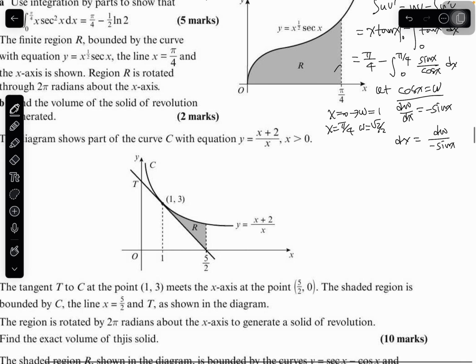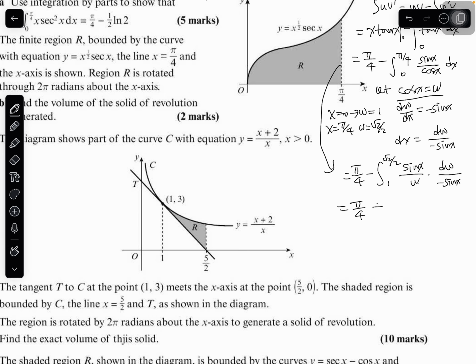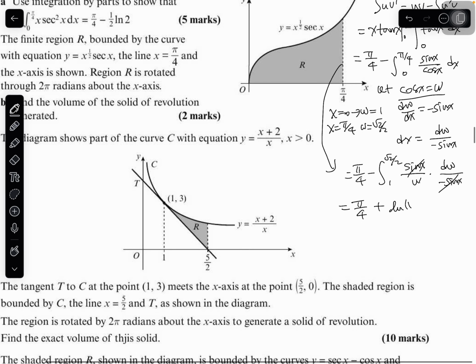So continue. Pi over 4 minus integral from 1 to square root of 2 over 2 of sine x over w times dw over negative sine x. Pi over 4 plus ln w from 1 to square root 2 over 2.